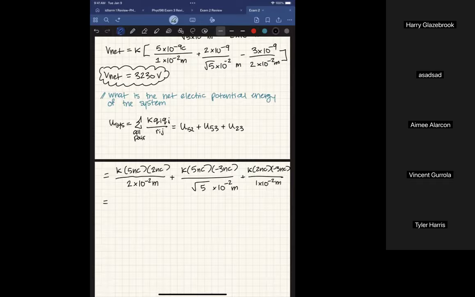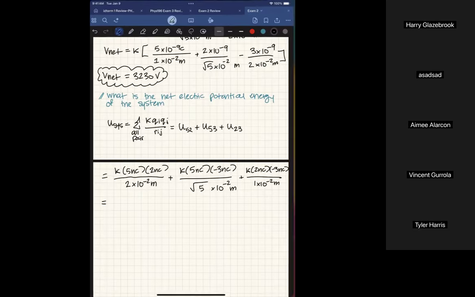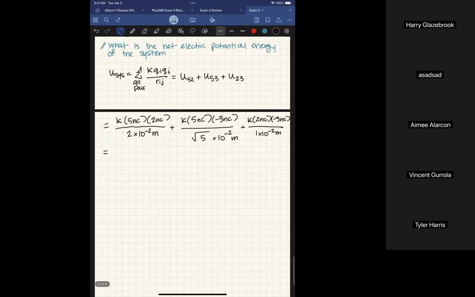So again, what I would do is bring out the K, or our Coulomb constant. And then this is just going to be 10 nanocoulombs over 2 times 10 to the negative 2 meters minus 15 nanocoulombs over the square root of 5 times 10 to the negative 2 meters, and then minus 6 nanocoulombs over 1 times 10 to the negative 2 meters.